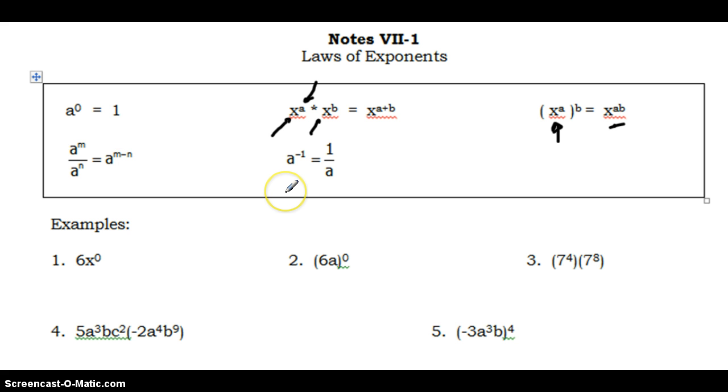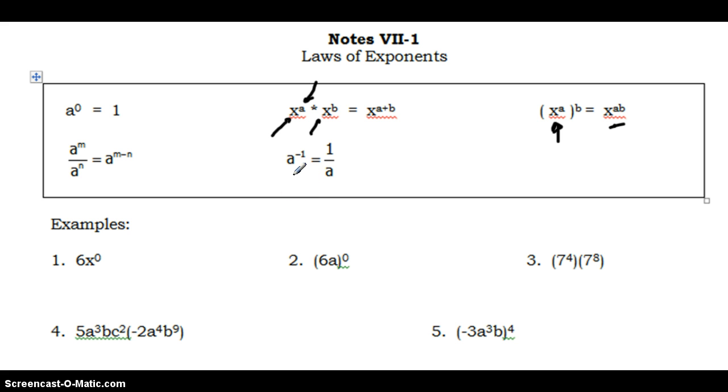Our last law of exponents that we should remember from Algebra 1 is when we see a negative exponent. So in this case, a is to the negative 1 power, and anytime you see a negative exponent, it should signal to you that you need to move it. If it's in the numerator, it gets moved to the denominator. If it's in the denominator, it gets moved to the numerator.